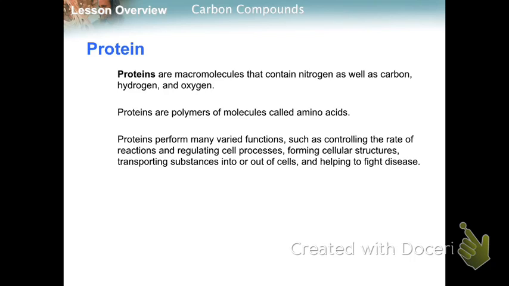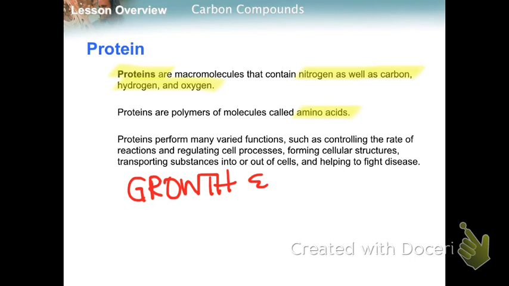And finally, the last macromolecule we're going to talk about today, proteins. They contain nitrogen, carbon, hydrogen, and oxygen. And their building blocks are called amino acids. I have a little rhyme that I use for proteins. Growth and repair. This is gonna sum up the bottom paragraph here.